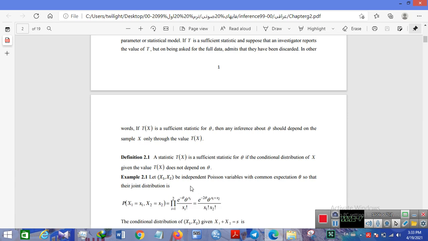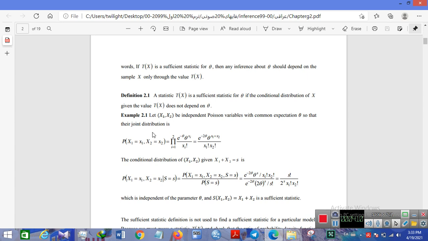So if we know the value of T(x), we don't need the sample x, which is the reason for this information. For example, let x1 and x2 be independent Poisson with the common expected value theta.